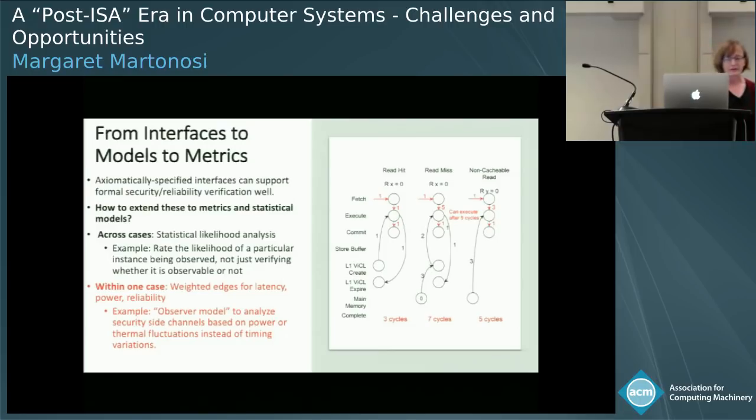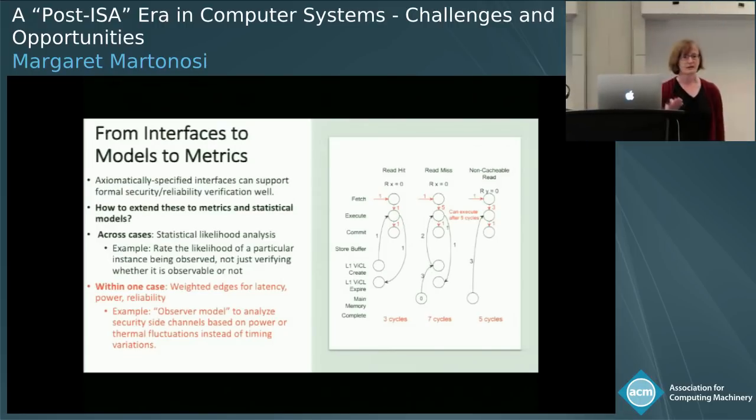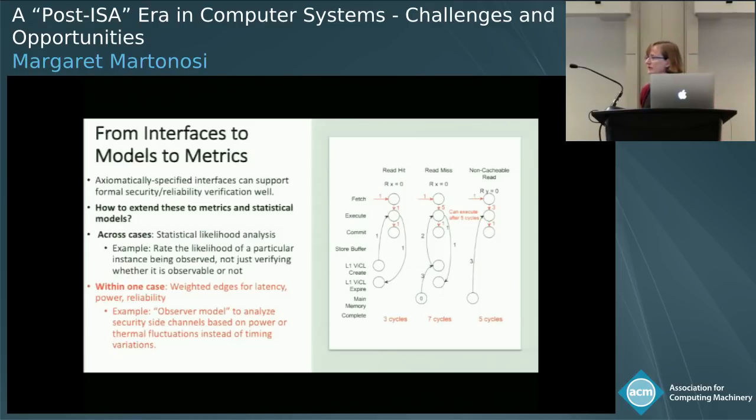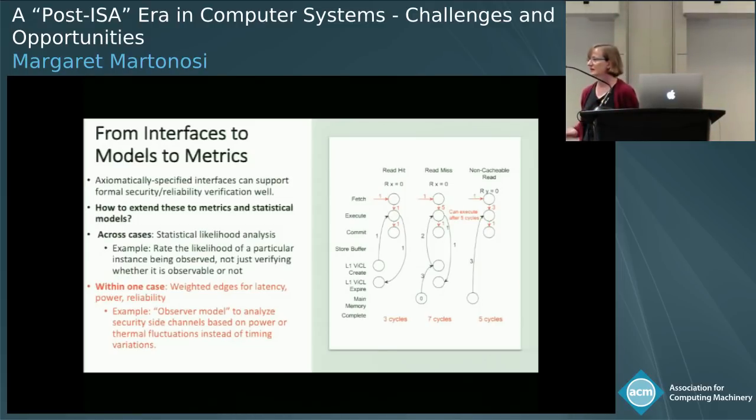For all of those kinds of things, what we want is essentially an observer model that says, here's the differentiability of these different scenarios. This is a 3-cycle cache hit, that's a 7-cycle cache miss, and so forth. Here's our quantified low-level assessment of these different cases. And now you tell me your observer model. If your timing accuracy is of a certain level, you won't be able to distinguish these.